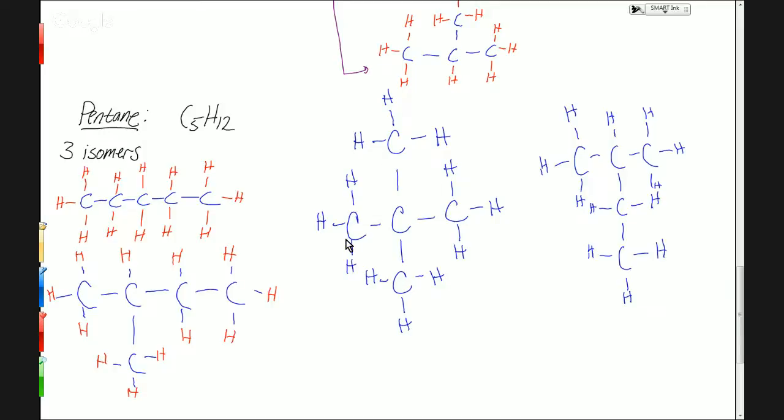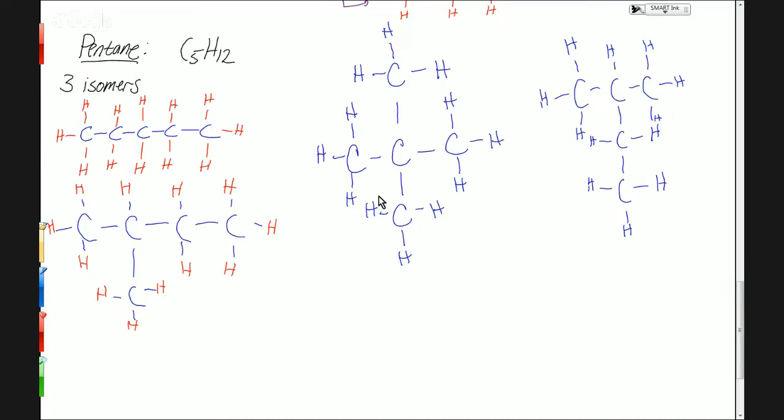We can also look at the environments of the carbon. In this structure, we have a CH3 on each end and 3 CH2s in the middle. In this one, we have 3 CH3s, a CH2, and a CH. In this one, we have 4 CH3s and a C with no H's on it. If we have really different environments like that, that's another sign that these are isomers.